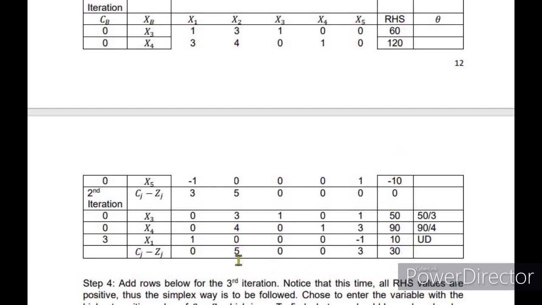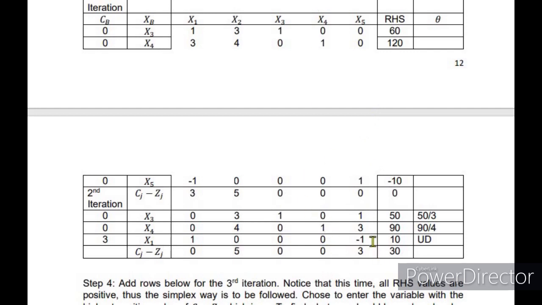Now for x sub 4, the value that should be used here is 3. Because when we multiply 1 by 3, it is equal to 3, so the original value is 3, and 3 minus 3 is equal to 0. Next, 0, so just copy paste the original value 0 again, and just copy paste 1.